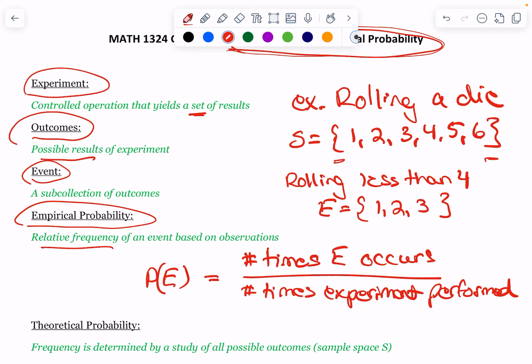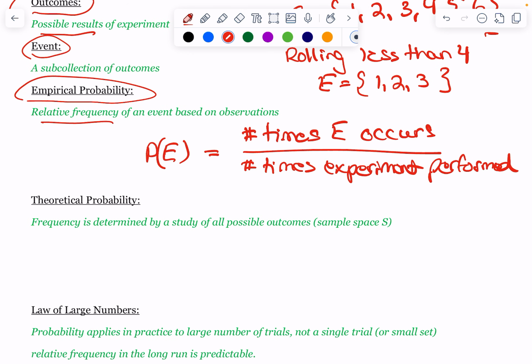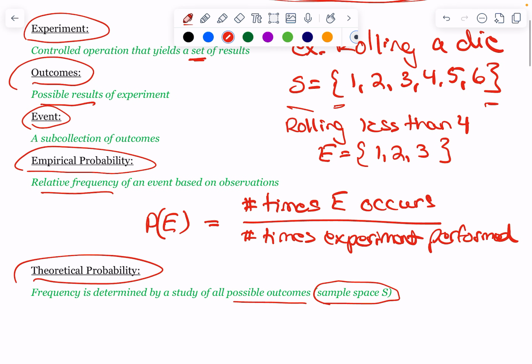Okay, next we're going to look at theoretical probabilities. The frequency is determined by a study of all possible outcomes. That is our sample space S that we just wrote for rolling a die.